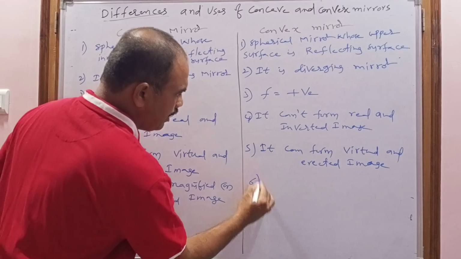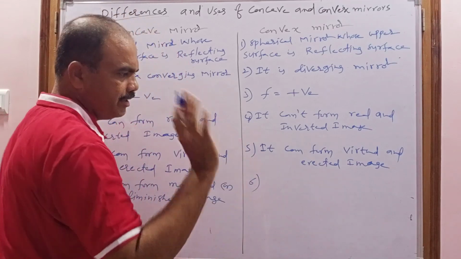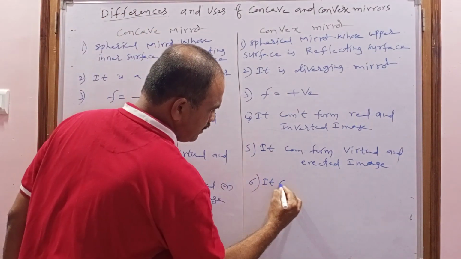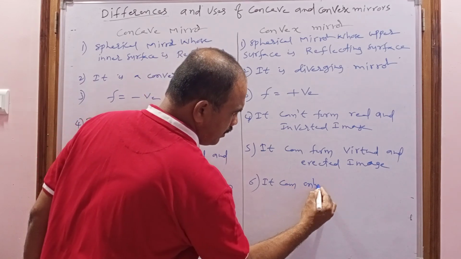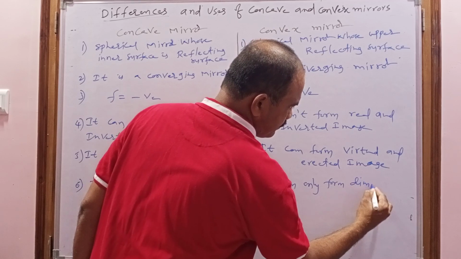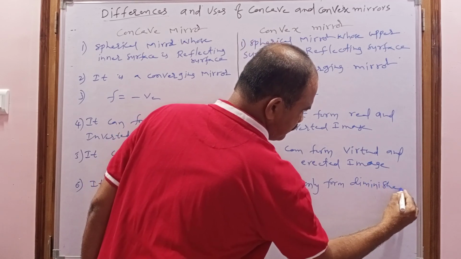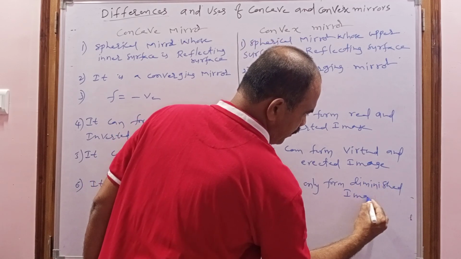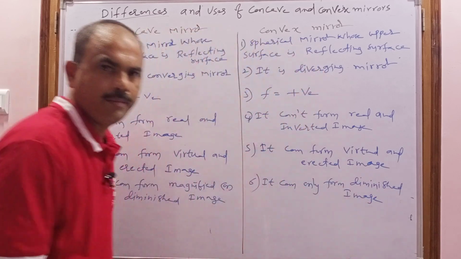But when we come to the convex, it can only form the diminished image.